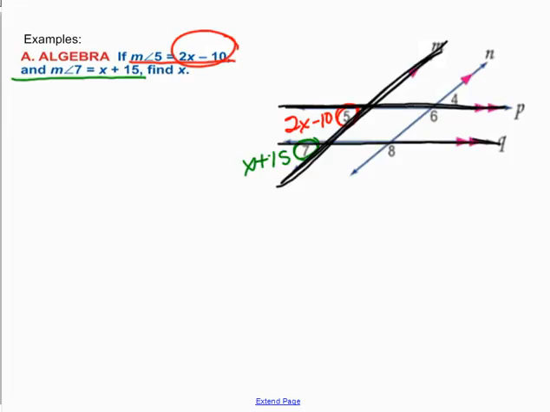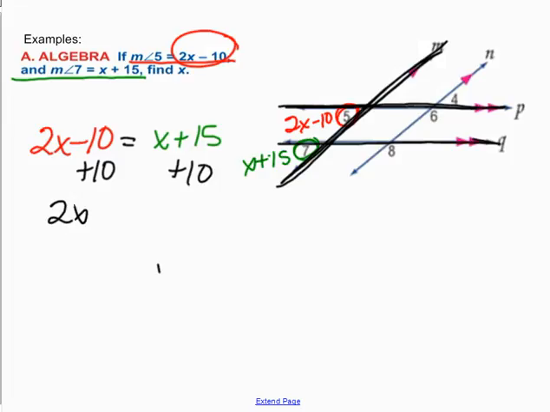So 2x plus 10 equals x plus 15. Well, now it just becomes an algebra problem. We have to find x. I'm going to add 10 to both sides, that means I have 2x equals x plus 25. And I'm going to take x away from both sides. x equals 25.